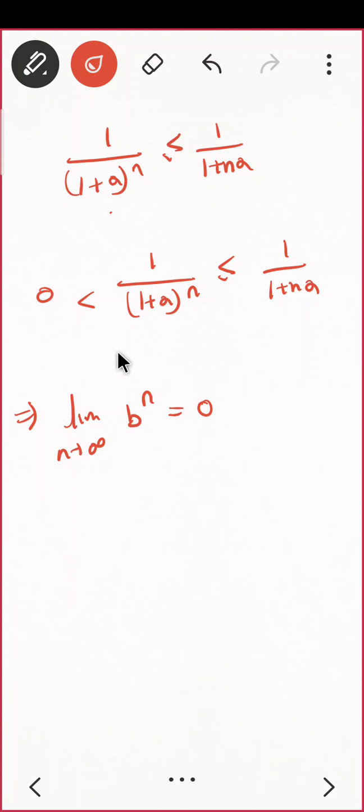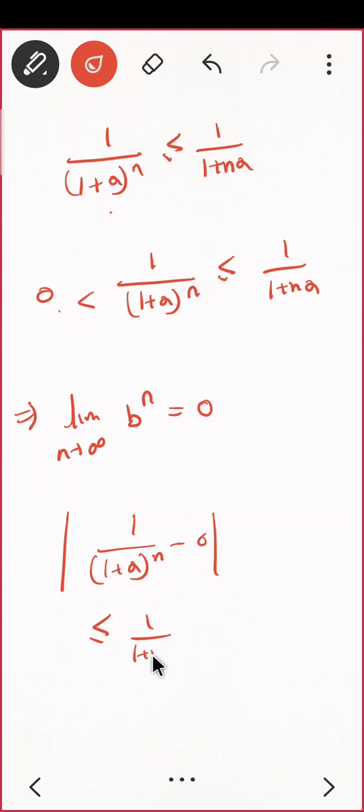Remember, I just now told you that if you don't want to use the sandwich theorem, still you can prove this. What will you do? You want to prove this guy goes to 0, so you'll consider 1 upon 1 plus a raised to n minus 0, and later on you'll write this is less than or equal to 1 upon 1 plus na, and later on you will write this is 1 upon na, and then the epsilon part, how did you get n naught?